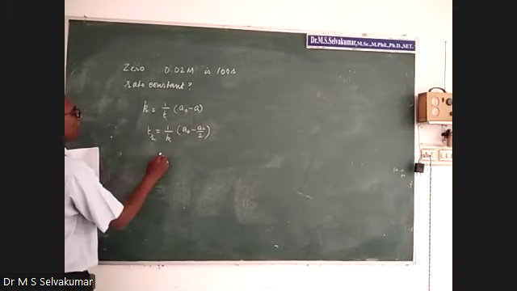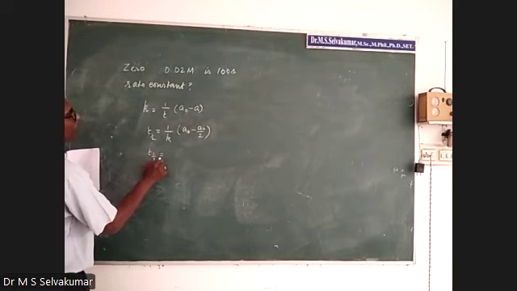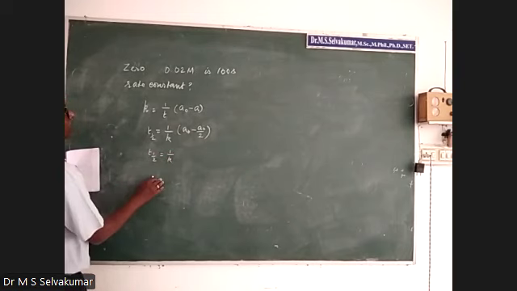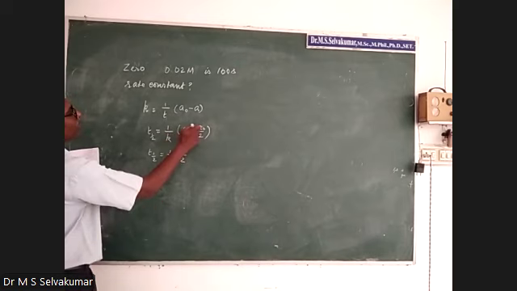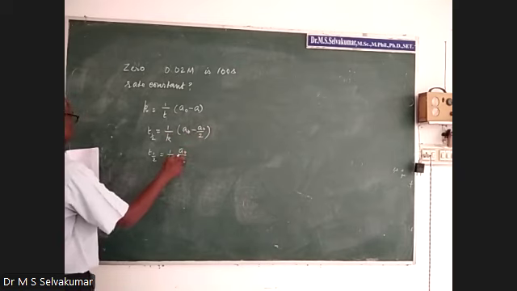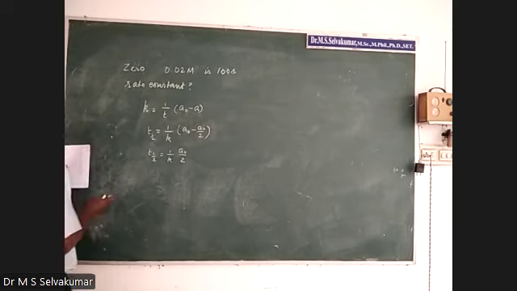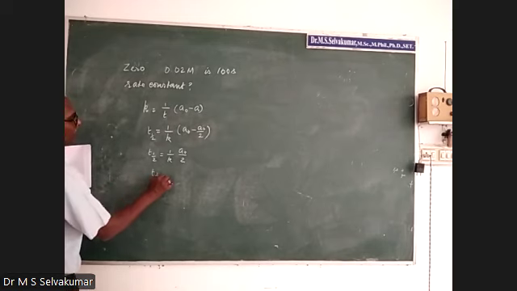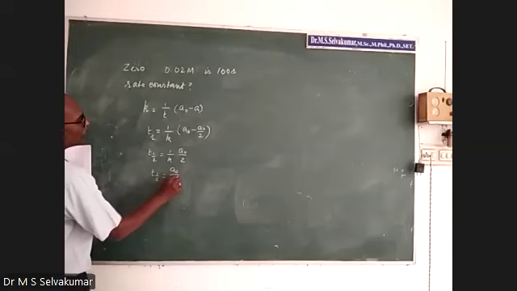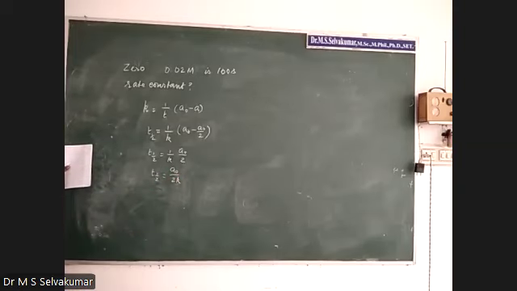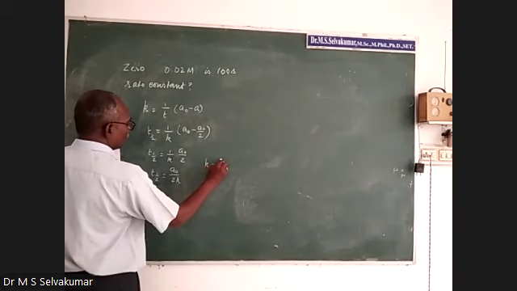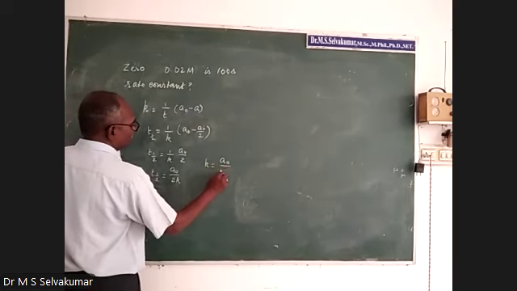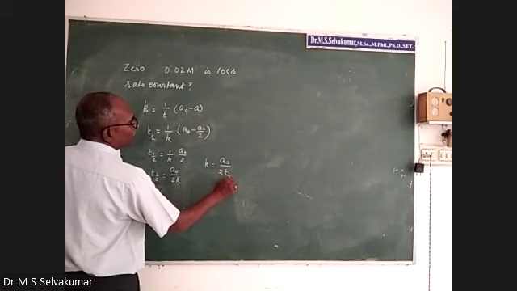So T half equals 1 by K times (A0 minus A0 by 2), because A0 by 2 is subtracted and what is remaining is A0 by 2. So T half is equal to A0 by 2K, or I can write K is equal to A0 by 2 T half.